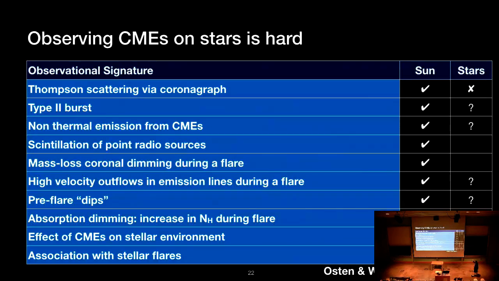Same format as before. Here's the sun. There's a tick mark in pretty much every row. And then you'll notice there's a difference here, that in the stars column, there's question marks where this observational signature has been tried. There's a big old X in the top one for Thomson scattering.